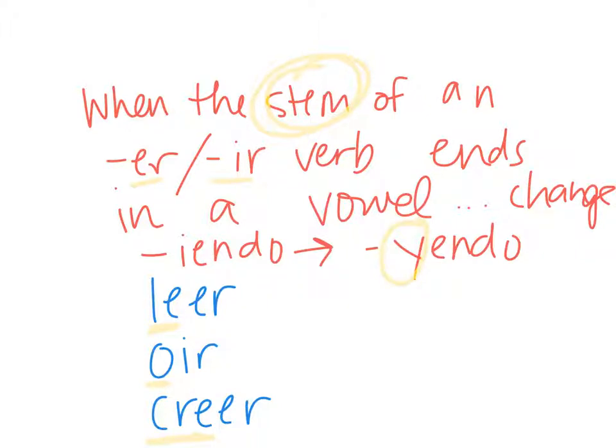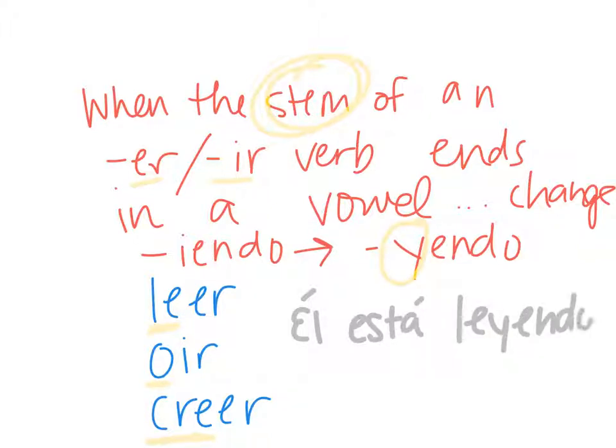Okay? So, he is reading would be él está leyendo. Okay? Because I have my present conjugation of estar for él, I have my stem, and then instead of adding I-E-N-D-O, I add Y-E-N-D-O because this stem ends in a vowel. Okay? That's the only exception to this rule.